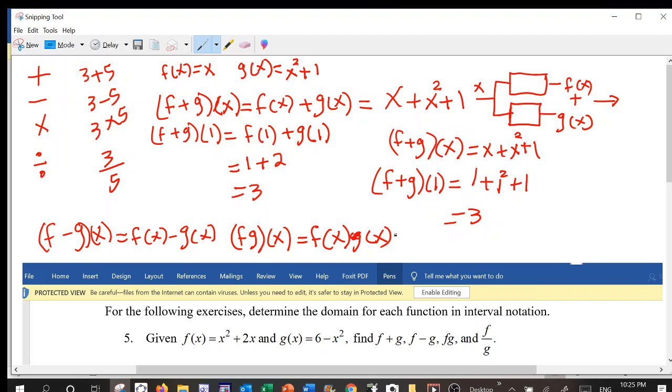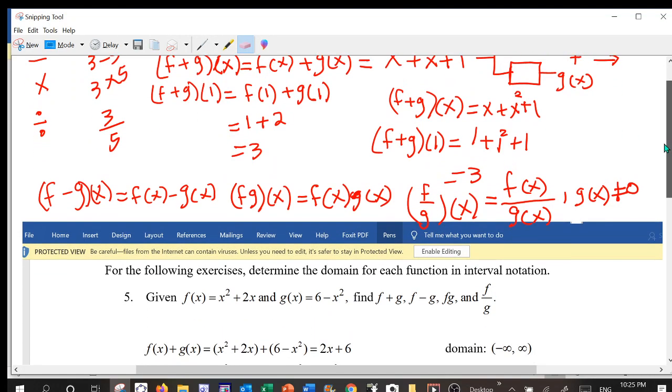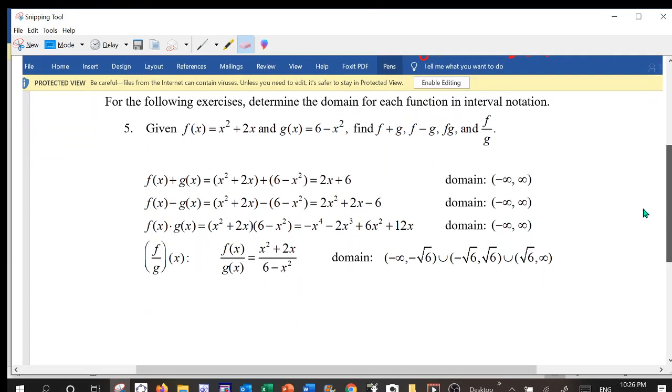And then f over g of x means f of x divided by g of x. And g of x, of course, cannot be 0. We can never have a denominator of 0. That's the idea, okay?